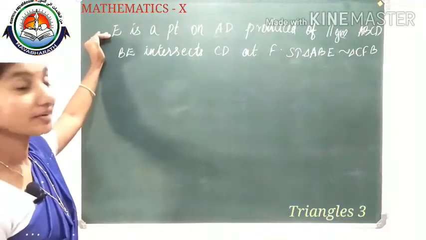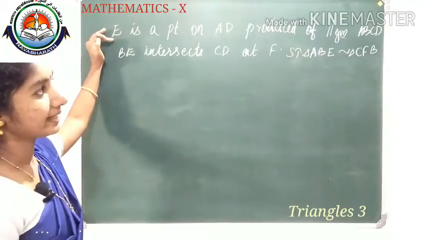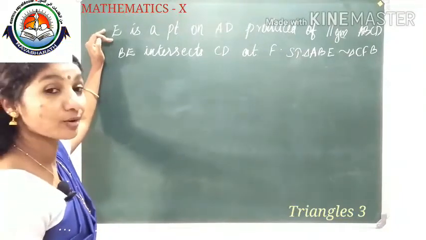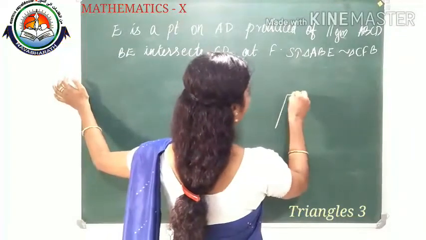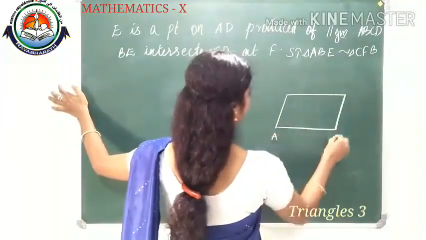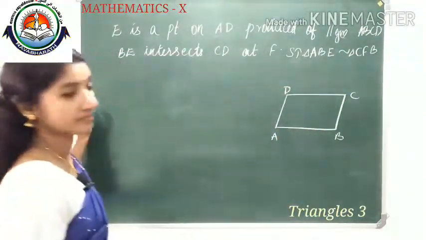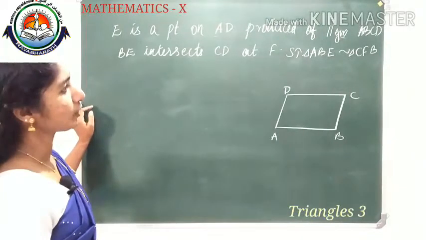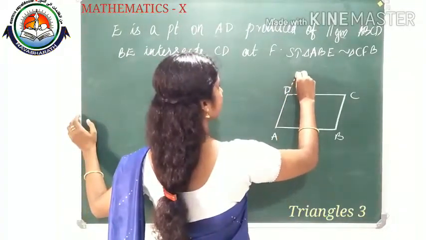Another problem. The figure is not given, but we need to draw the figure. E is a point on AD produced of parallelogram ABCD. So we have one parallelogram ABCD, A, B, C, D. AD produced, so we are extending the line AD.